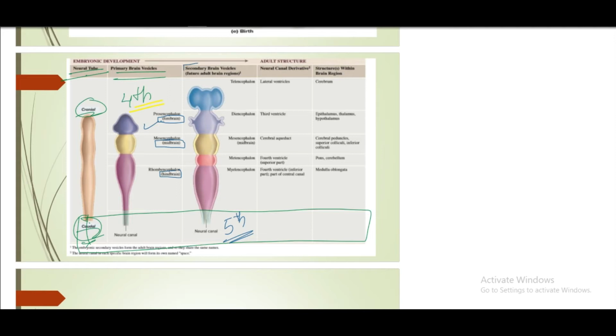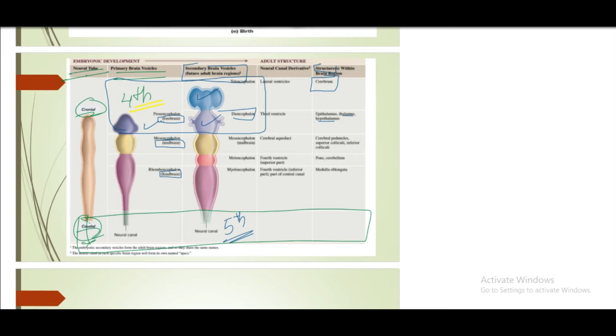Okay, in the fifth week, the secondary brain vesicles are going to be formed. From the prosencephalon you can see telencephalon and diencephalon are going to be formed. From the telencephalon, the cerebrum structure is going to be formed, and from the diencephalon it's going to form the epithalamus, thalamus, and hypothalamus.